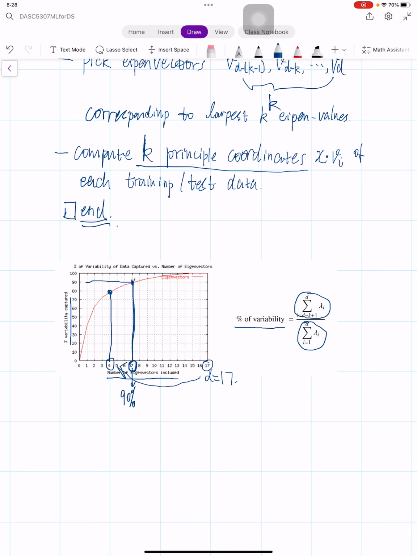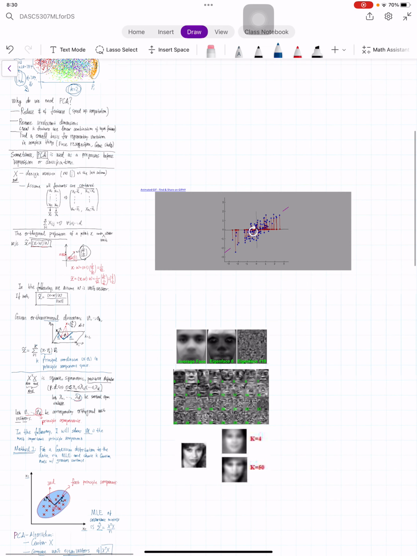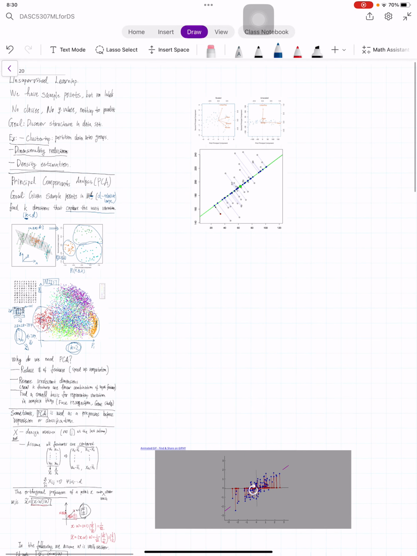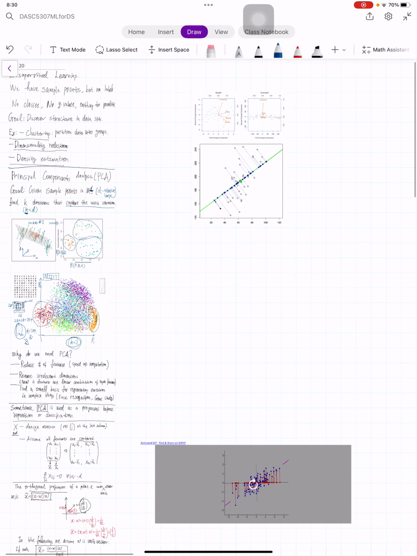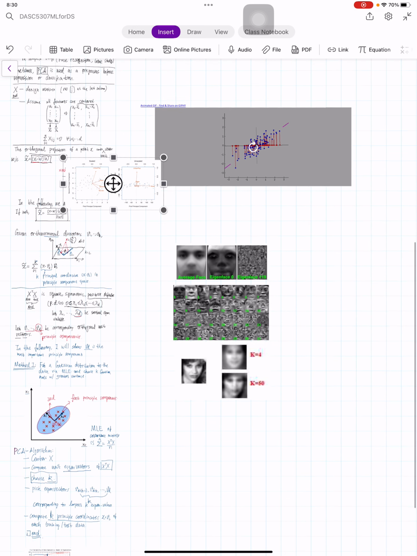And there is one real data example, from our textbook.